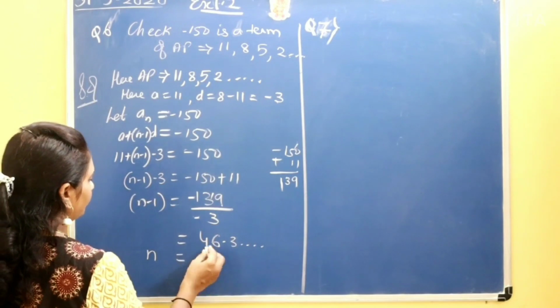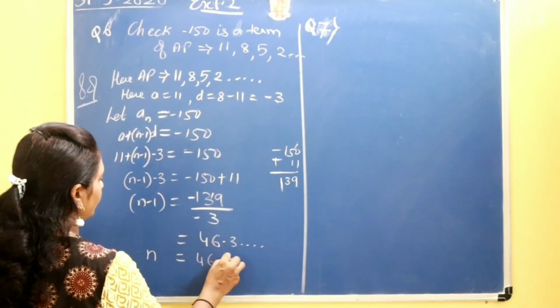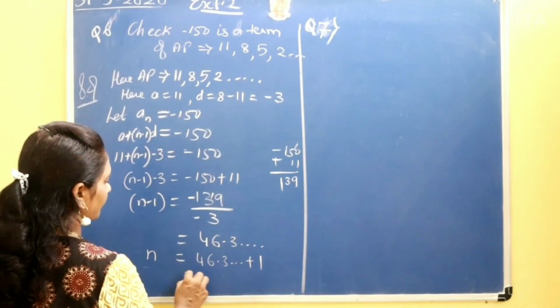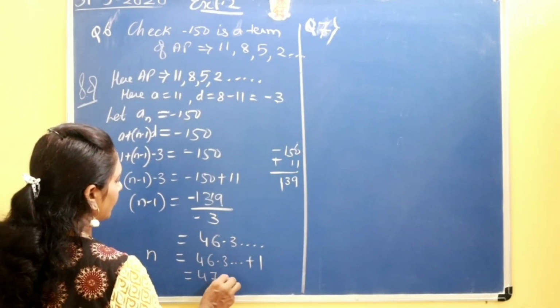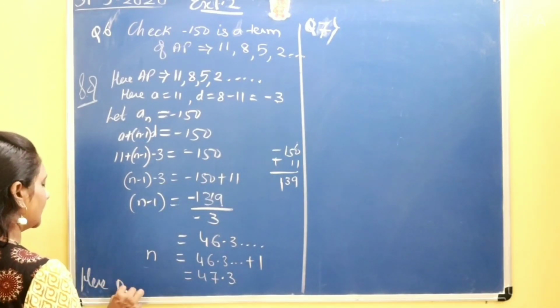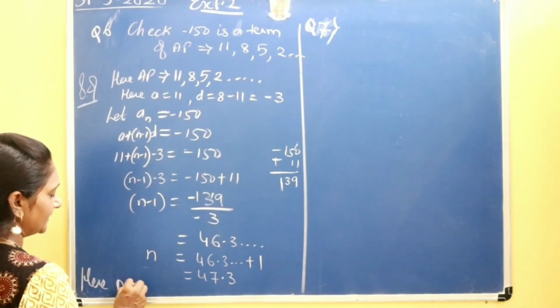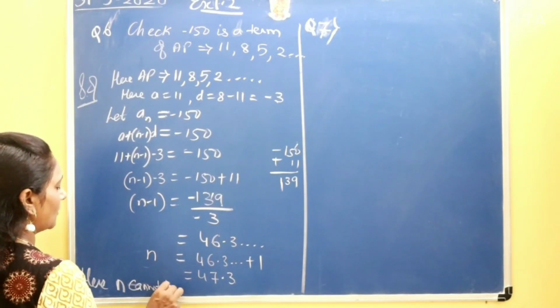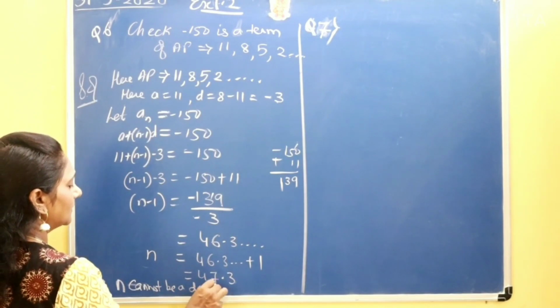N is equal to 46.3 and so on plus 1. So N cannot be like this. N cannot be in decimals. Here, N is a natural number. So N cannot be a decimal.